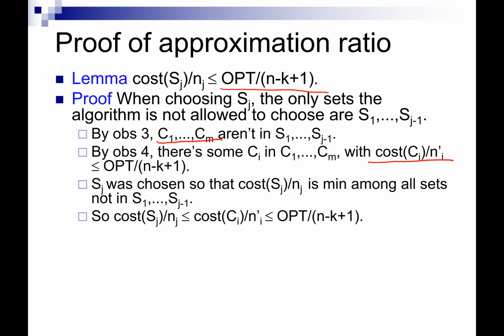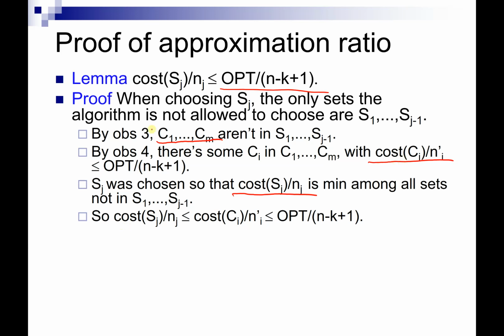The average cost for that C set is going to be at most opt divided by m minus k plus 1. And now remember that the algorithm was greedy, so we chose the set S_j in order to minimize the cost of the set divided by the number of uncovered elements.